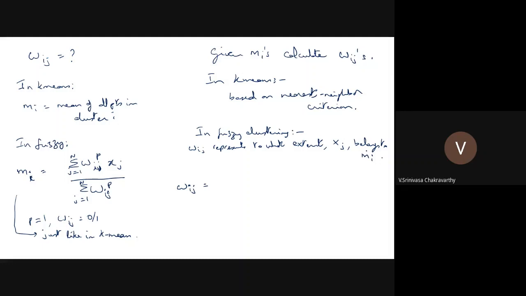How will you mathematically capture this notion? Any idea? In traditional k-means, it is based on nearest neighbor, but if you want to allow some fuzziness, what is a good way to capture this idea? Any intuitive suggestions?